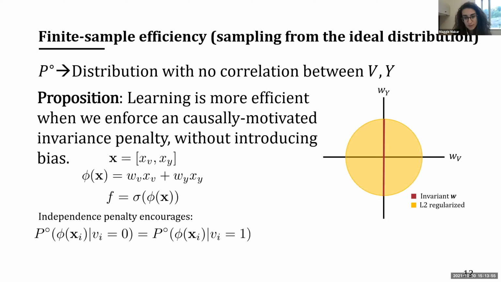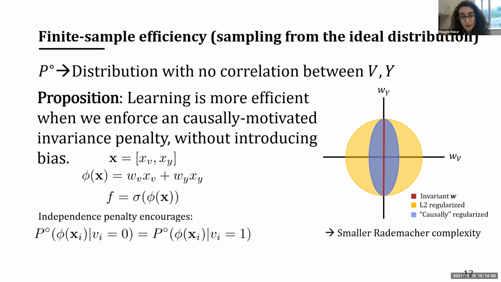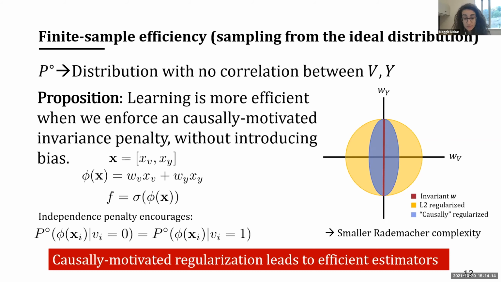So by imposing this independence penalty, we can reduce the function space to something that, roughly speaking, looks like this blue oval. And this penalty allows us to reduce the hypothesis space without introducing bias, which then translates into a smaller generalization or finite sample error. So that means that causally motivated regularization schemes give us not only robustness, but also finite sample efficiency.